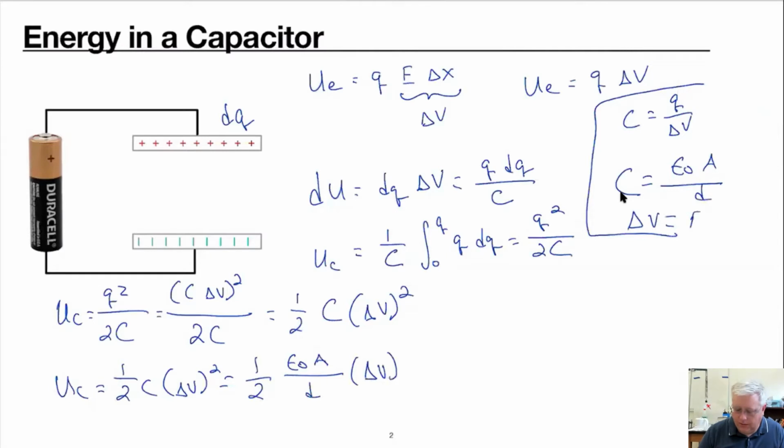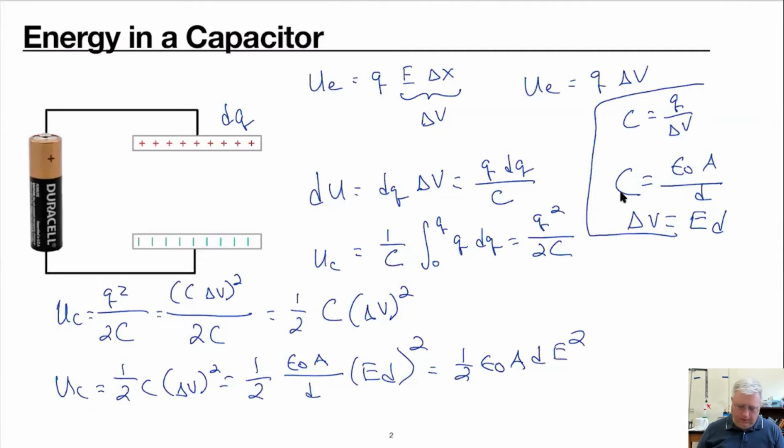Delta V is also the electric field times the distance, call that E d. And we see that the d's will cancel out, or actually, oops, got to square that. So one of the d's will cancel out, and then we'll be left with 1/2 epsilon naught area, one of the d's, and then the electric field squared.